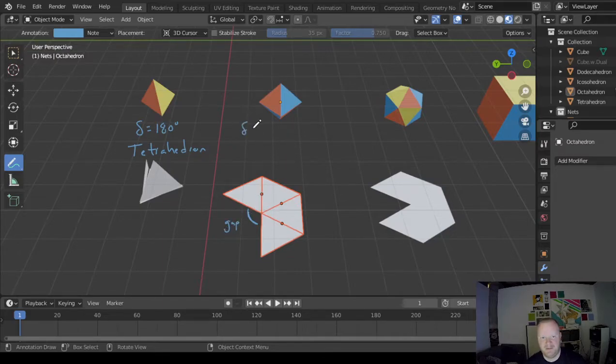Our spherical deviation this time is going to be equal to 360 minus, and then we've got 1, 2, 3, 4 triangles, each contributing 60 degrees. So this time around we get 120 degrees. Okay, so our spherical deviation is going to be 120 degrees, and then we can say that this is an octahedron.